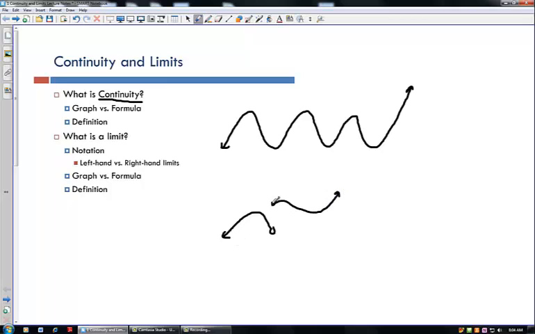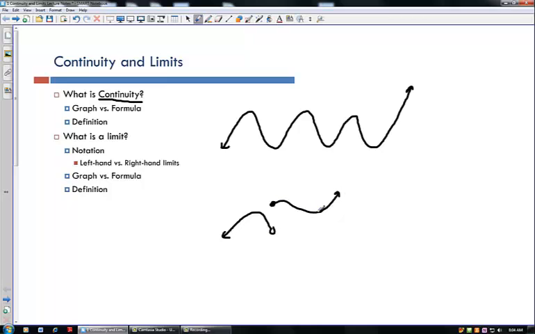If you have a graph where you have a jump, or a graph where you cannot draw it in a continuous manner, which means basically without lifting your pen or pencil, then it's not continuous. Here, notice I can draw this simply by never lifting my pen, whereas here I have to jump up here. That's why we call this a jump discontinuity, and then begin again.